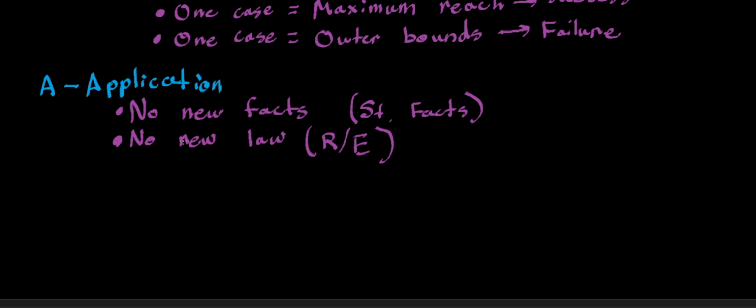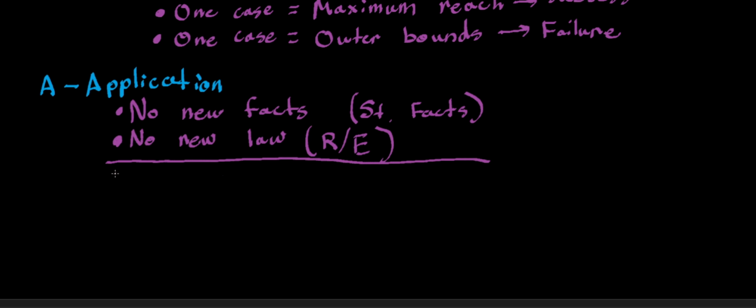And if you keep in mind these two rules, your application section should flow fairly naturally, where you are simply applying all of the rules that you've disclosed in your rule and explanation section to the facts that have been previously disclosed in your statement of facts.